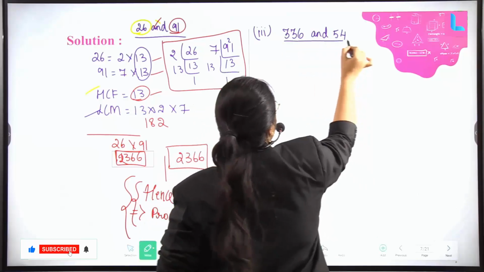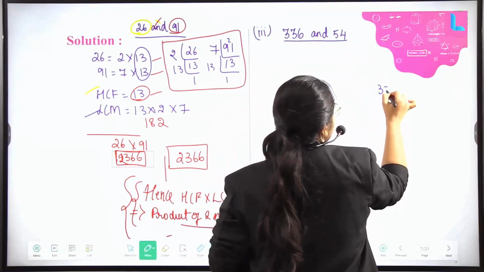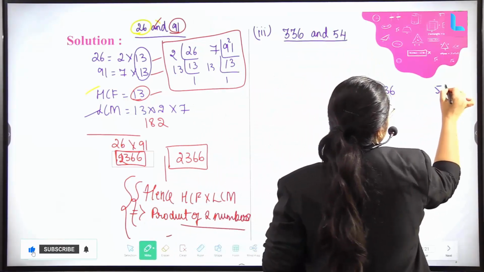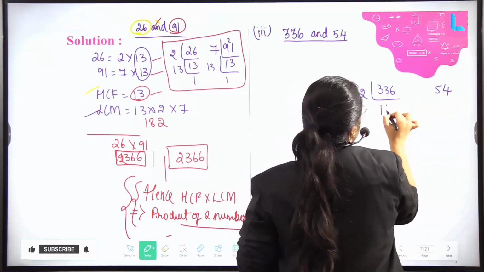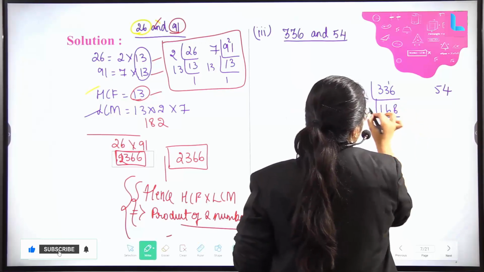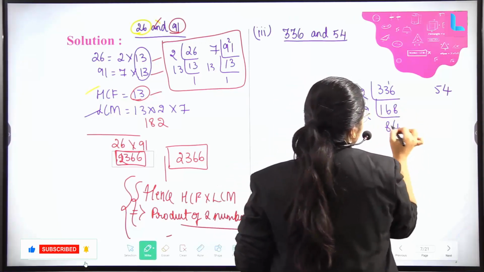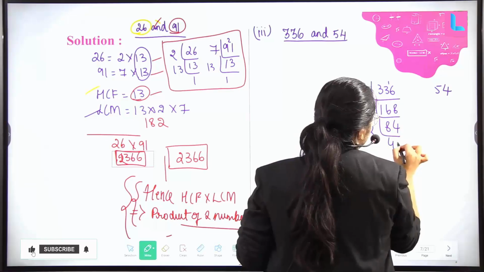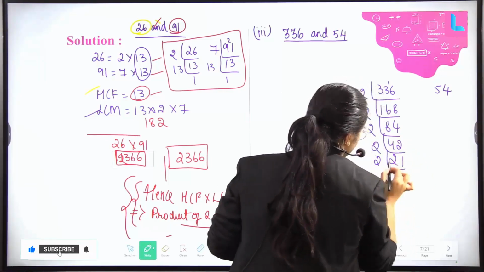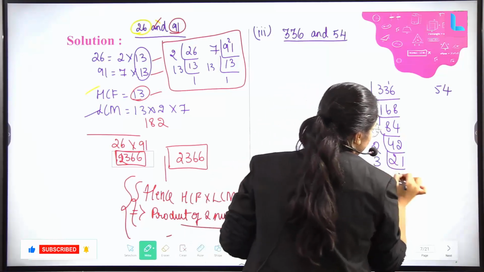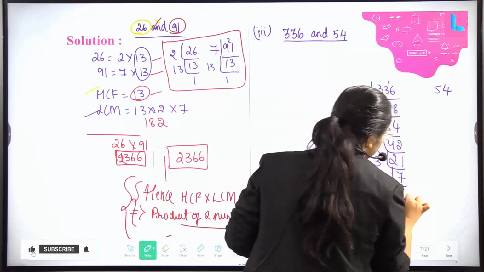Now let's solve this question. 336: 2 times 168, 2 times 84, 2 times 42, 2 times 21, and 3 sevens are 21, 7 one time.